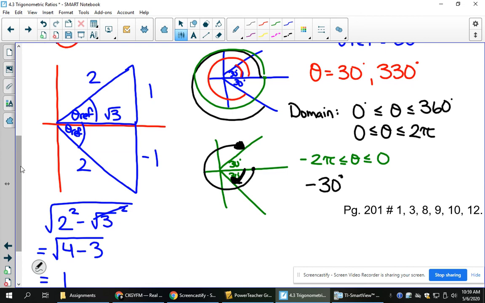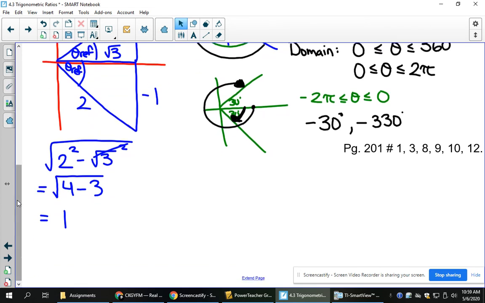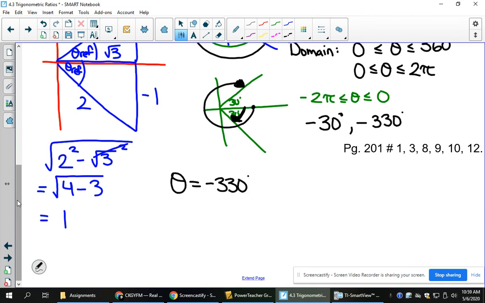That big black angle has rotated almost a full circle, but it's 30 degrees short, and it's also in the opposite direction. So if I put these answers together, I have two answers in the positive direction and two answers in the negative direction. So my answers for theta for this question are negative 330, negative 30, 30, and 330.